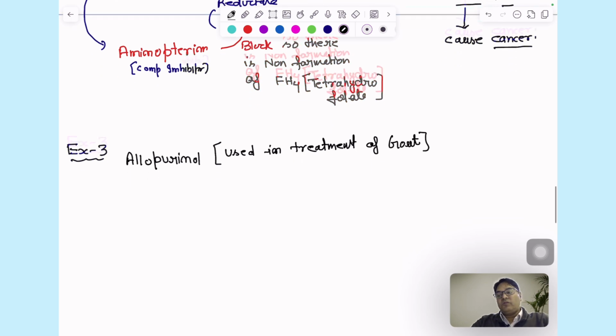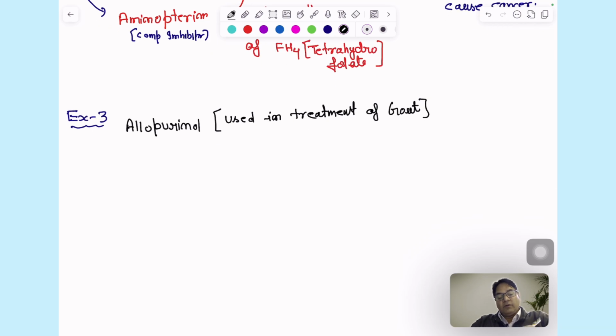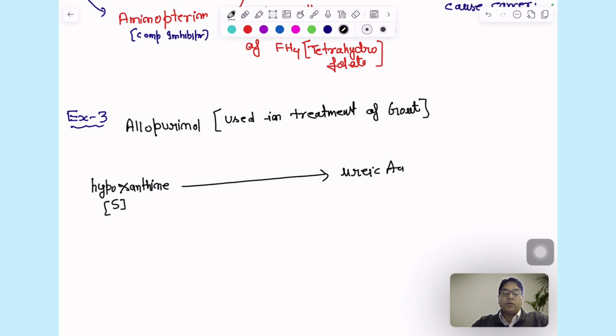And how do we do it? In our body, we have a normal reaction in which hypoxanthine is converted into uric acid. This hypoxanthine, which is a substrate, is converted into uric acid in our body.